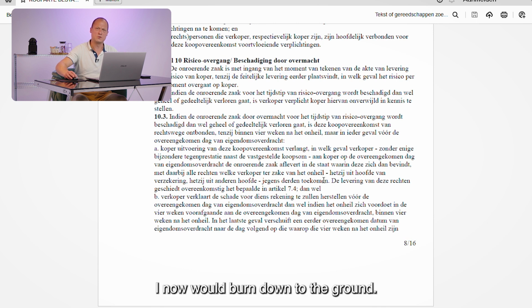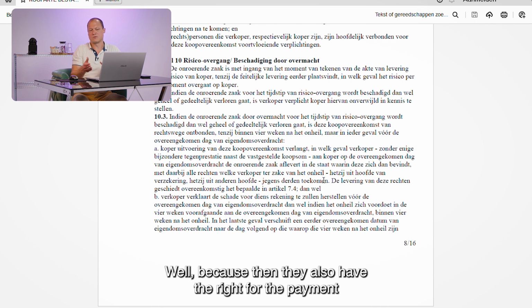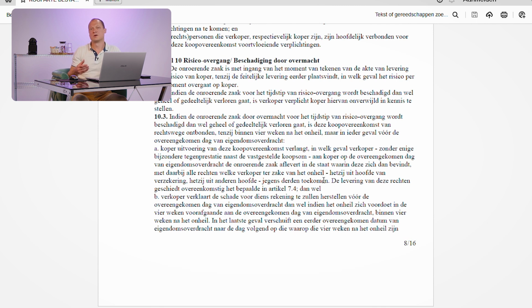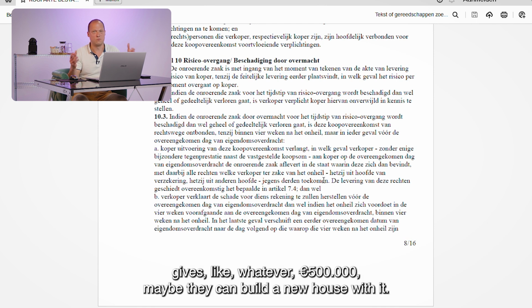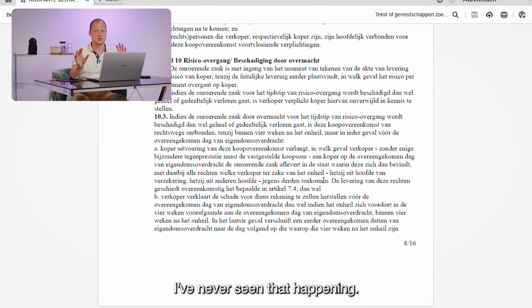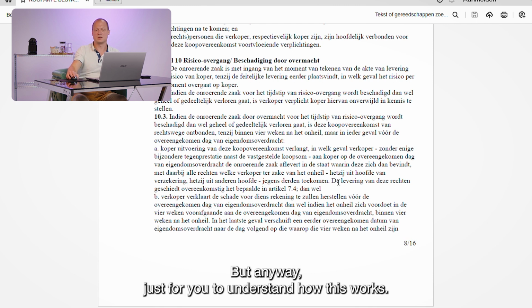I know it burned down to the ground, but give it to us anyway. And why would the buyers do that? Well, because then they also have the right to the payment of the fire insurance. So if the fire insurance gives like 500,000 euros, maybe they can build a new house with that. I've never seen that happening, but just for you to understand how this works.